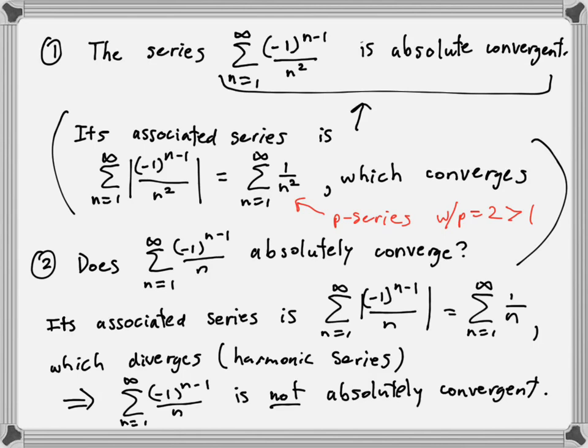Okay. So we've seen an example of a series that absolutely converges. We've seen an example of a series that is not absolutely convergent. So this leads us to the next definition.